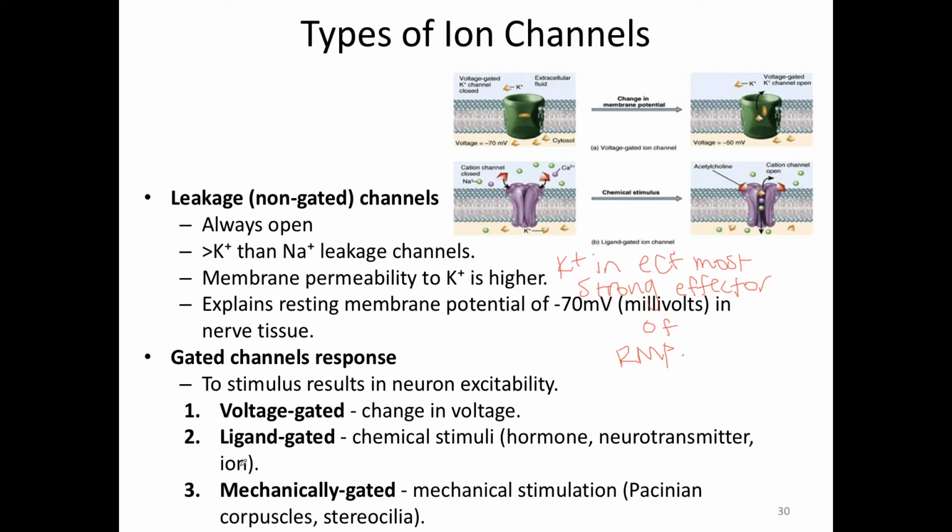Ligand gated, so ligand just means chemical, can be a neurotransmitter, hormone, or just a small molecule, or an ion. Mechanically gated ones are ones that open when they are mechanically stimulated, so when they're squished or bent or stretched in some way.